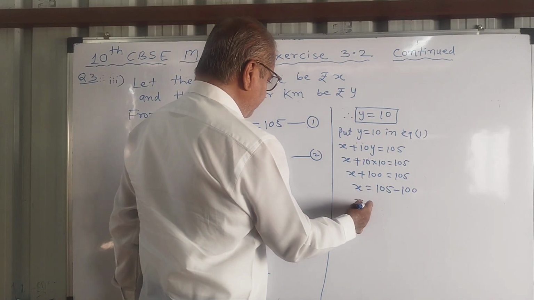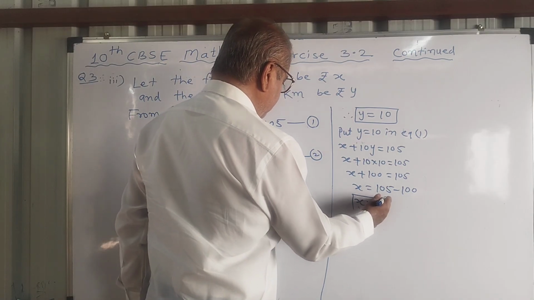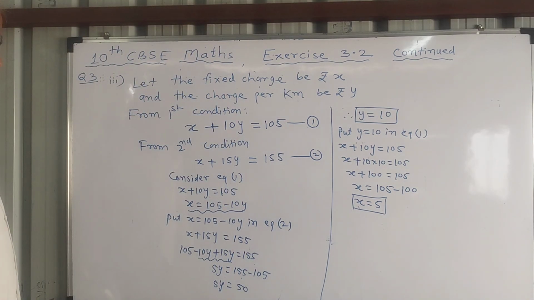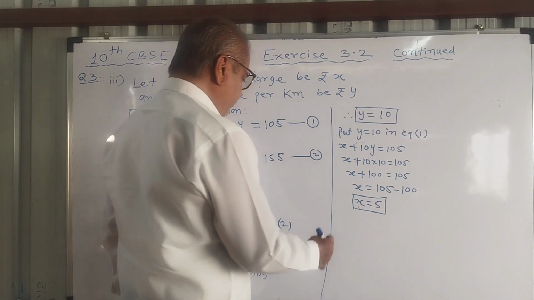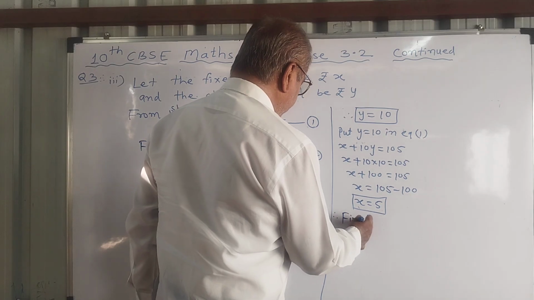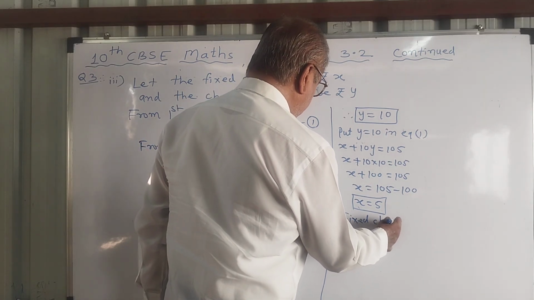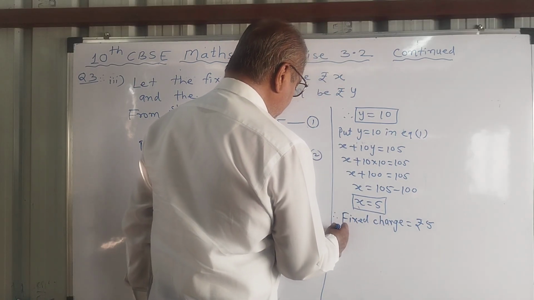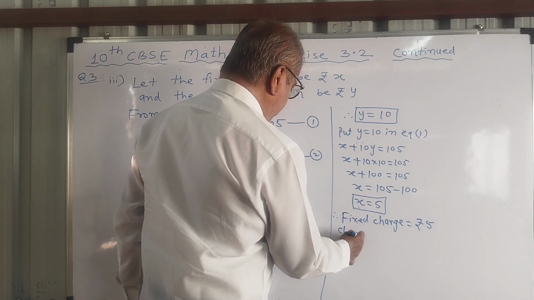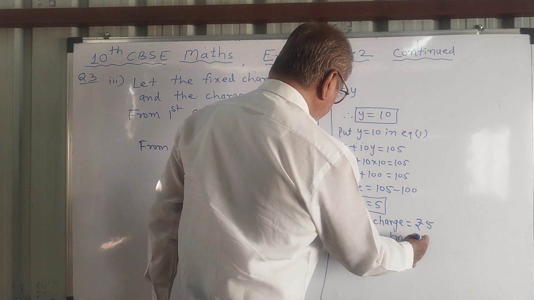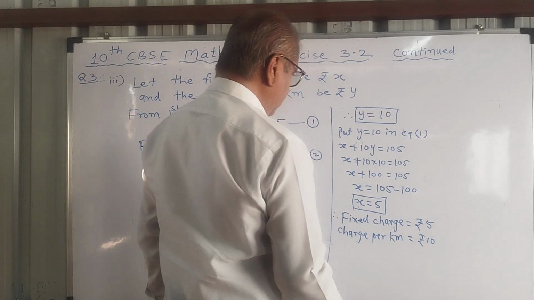So x will be 5. So the fixed charge is 5 rupees and the charge for each kilometer is 10 rupees. So I will write the answer. Therefore fixed charge is equal to rupees 5 and charge per kilometer is equal to rupees 10.